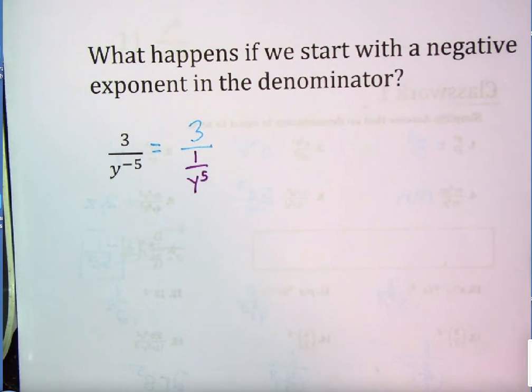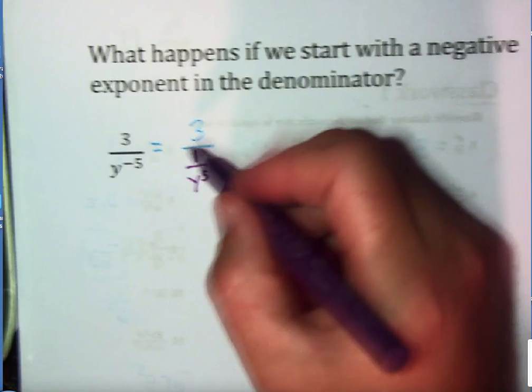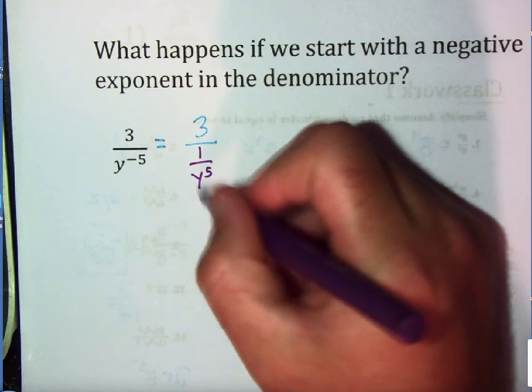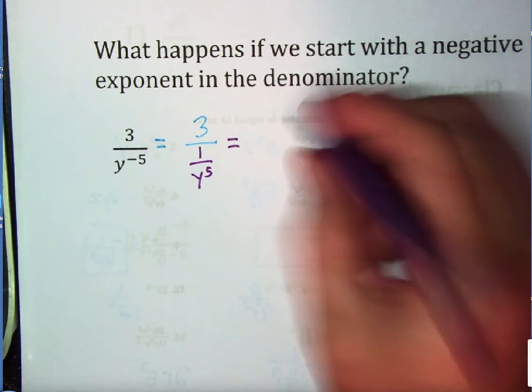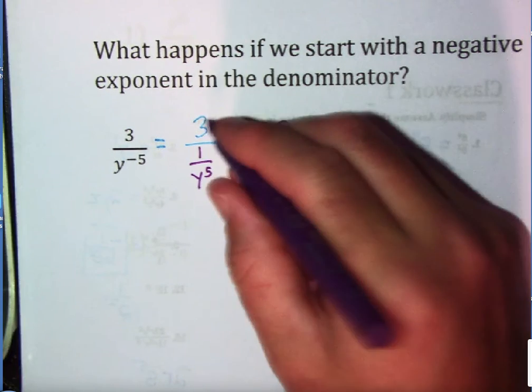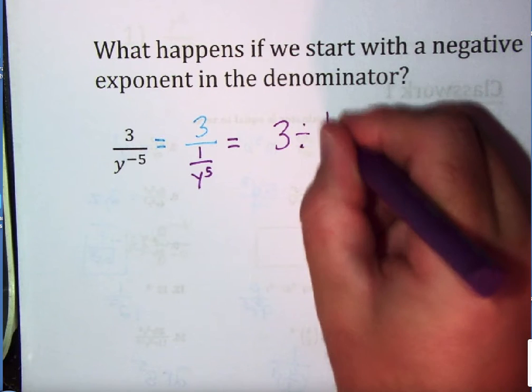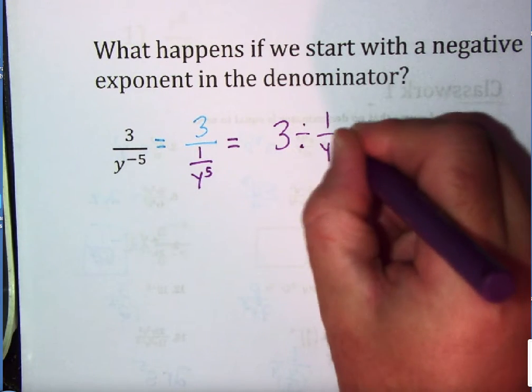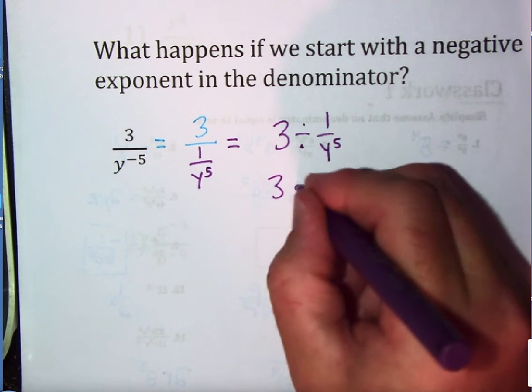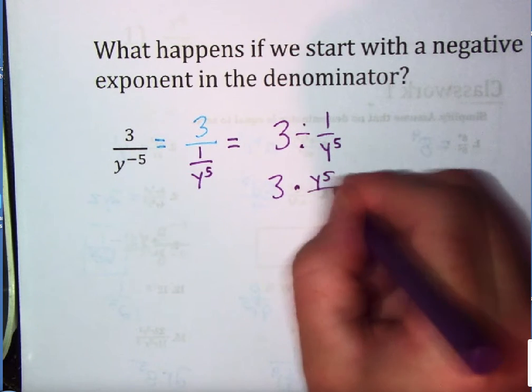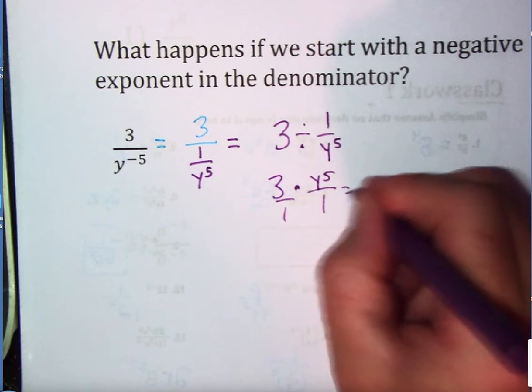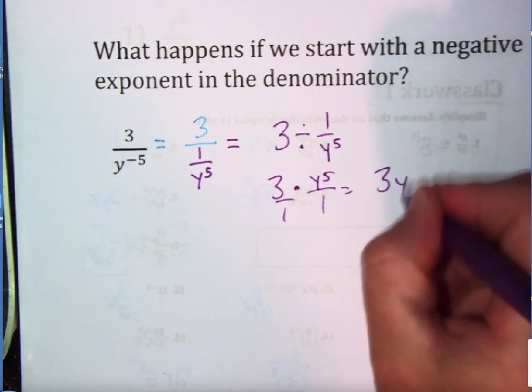Yep, and there you go. No negative exponent. There's our answer. Except we cannot have a fraction within a fraction. It's not simplified. So if you do 3 divided by 1 over y to the 5th, which is keep, change, flip, you get 3y to the 5th.